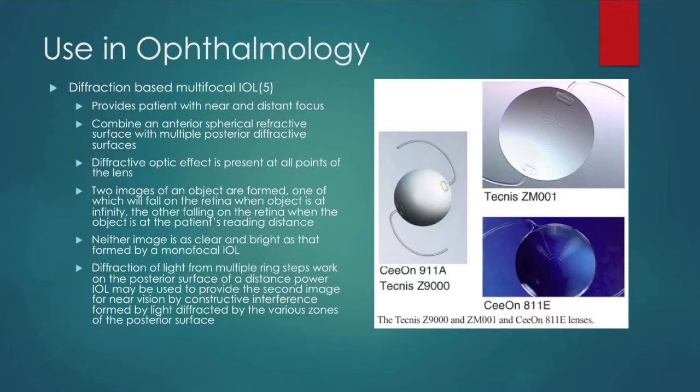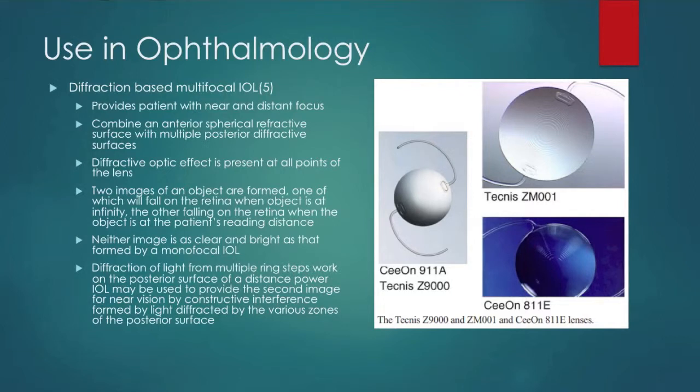Briefly, the multifocal intraocular lens forms two images, one for long distance and one for near distance, onto the subject's retina. Obviously, the formed images are not as clear or bright as a monofocal or conventional intraocular lens, which is only good for either long distance or reading distance.